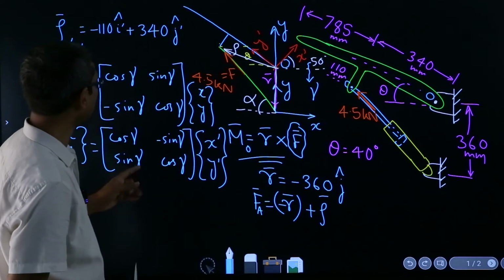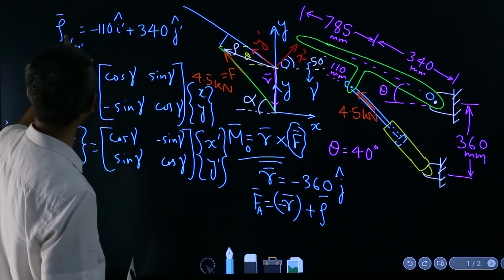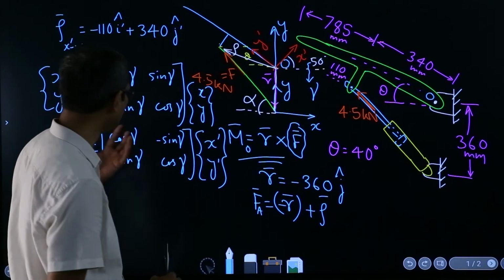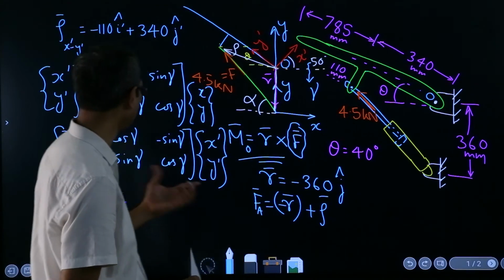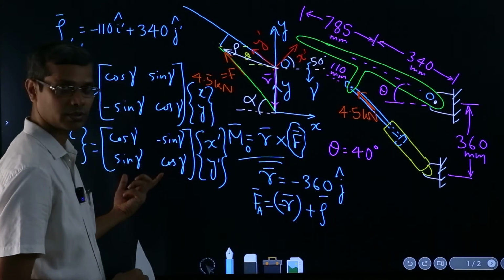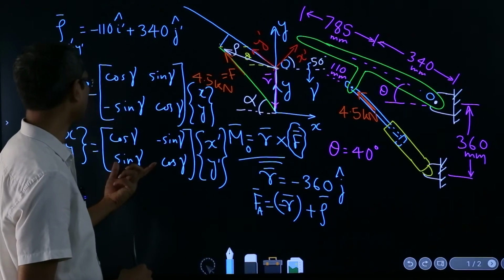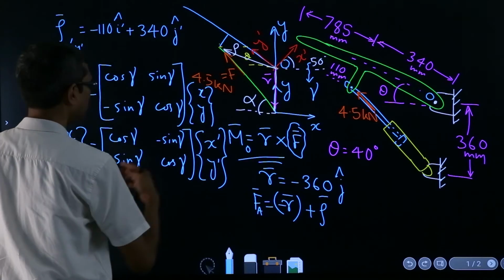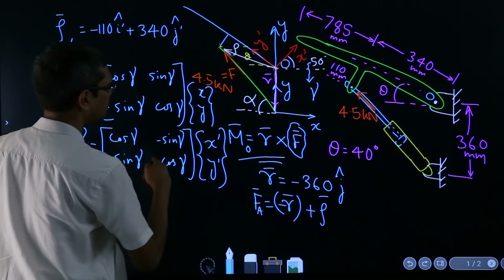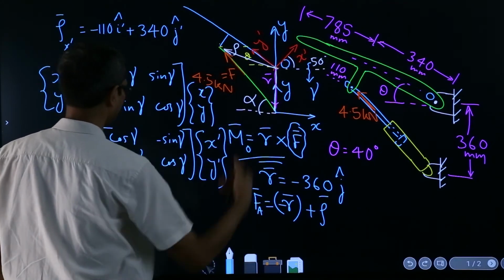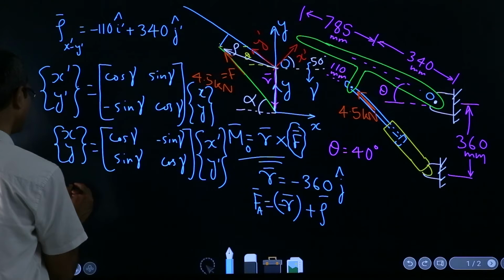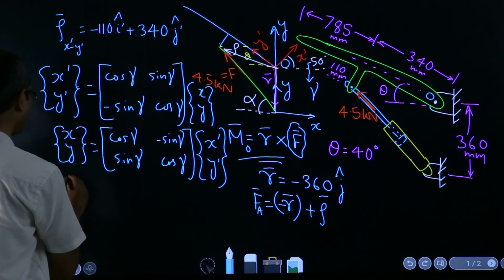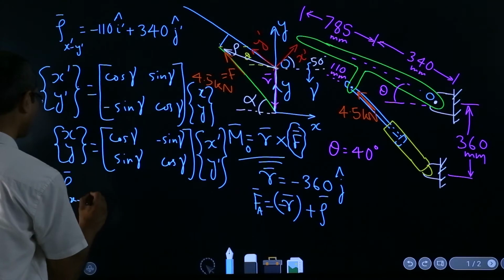Because we know the coordinates in the primed coordinate system and we want their values in the unprimed or xy coordinate system, we can simply use this. Now gamma is this 50 degrees, and if you use them you can figure out the components in xy coordinates for rho. If you substitute the values here, you will get rho in xy.